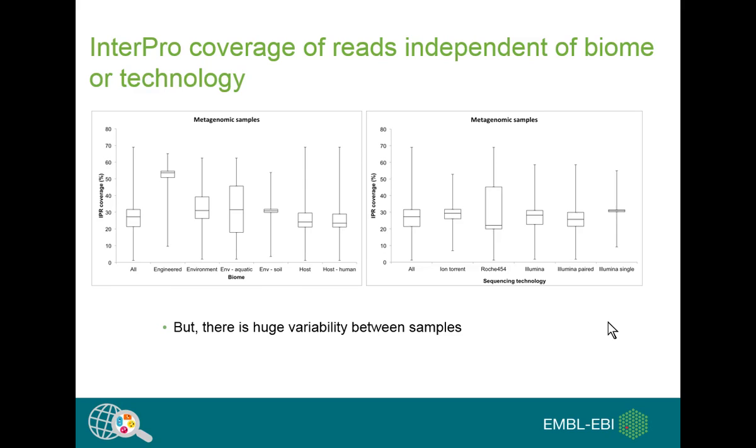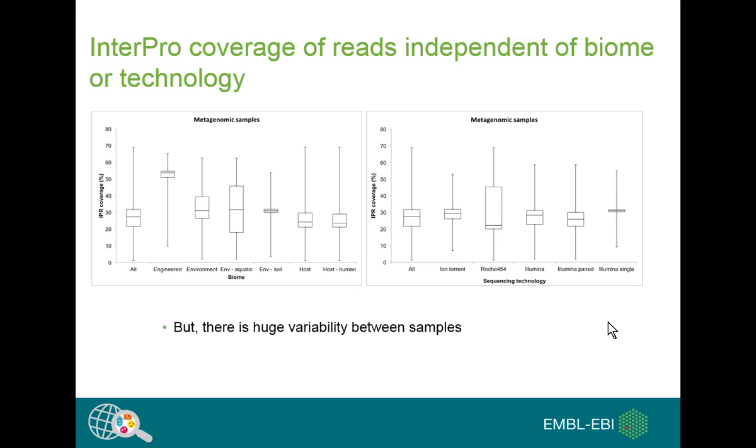We've done analyses across different biomes to see if there's any skew in terms of how much functional information we can say about different biomes or sequences coming from different technologies. And the take-home message is that it's all about the same, except possibly the engineered data sets where we can annotate more.